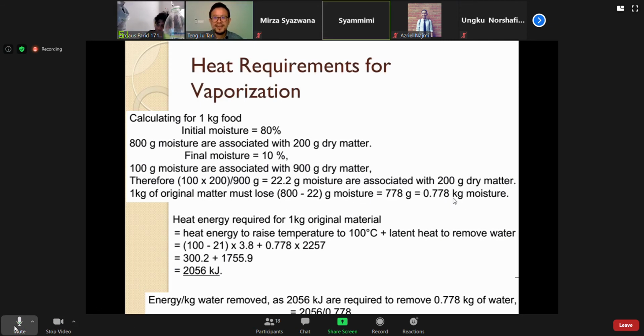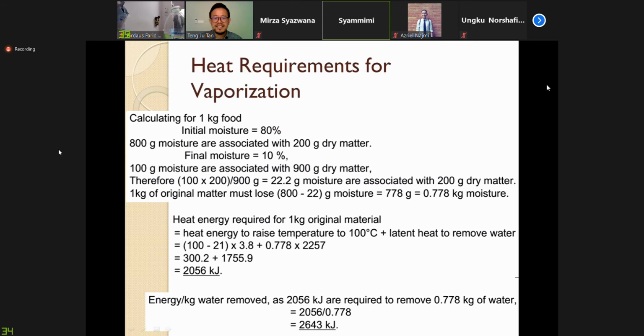I would like to ask, from the 22.2 grams, it means the amount of water that is still left in the dry matter, together with the dry matter? Yes, in the final product.